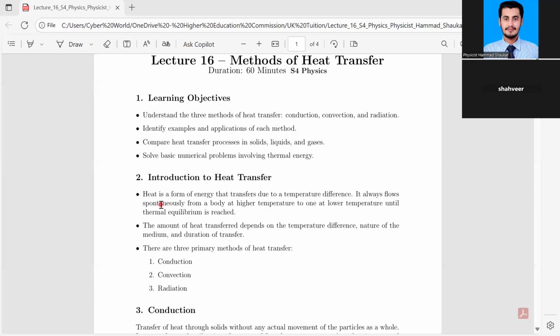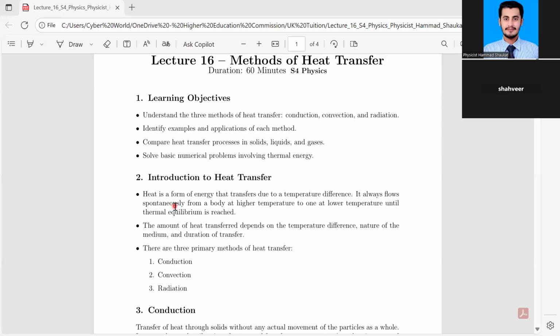So before starting the introduction to heat transfer, can you define heat for me? What is heat? How can you simply define heat? Burning fuel to cause energy. Oh yes, you can simply define heat as a form of energy.